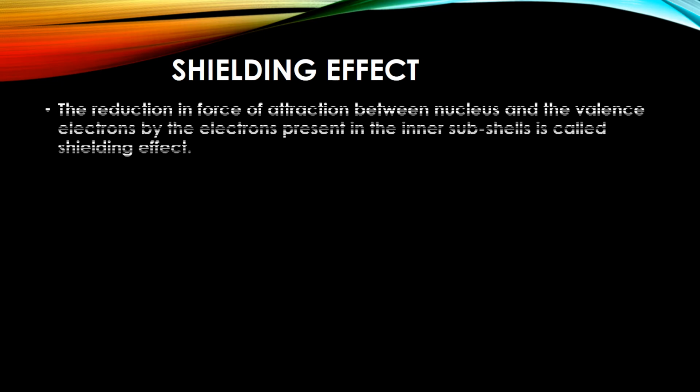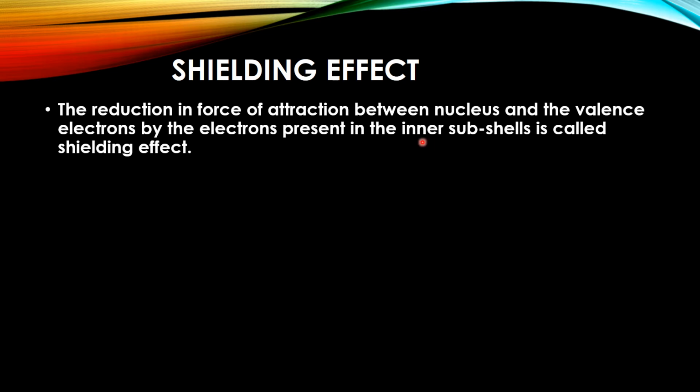The first property we will learn about is the shielding effect. And what is this shielding effect? Shielding effect is the reduction in force of attraction between the nucleus and the valence electron. And why does this force of attraction between the nucleus and valence electron decrease? It is due to the presence of electrons in the inner subshells.